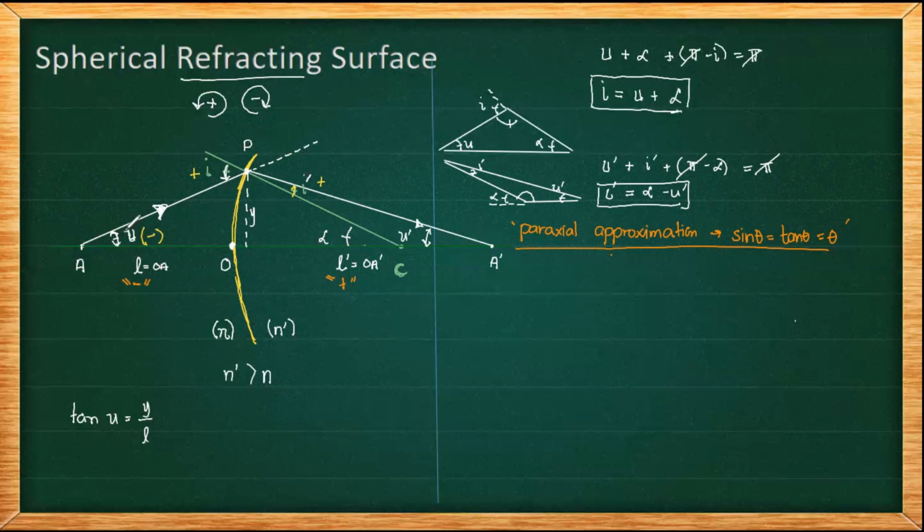Okay. Now following this paraxial approximation, what is u? Here we have the angle u. We'll be following tangent.